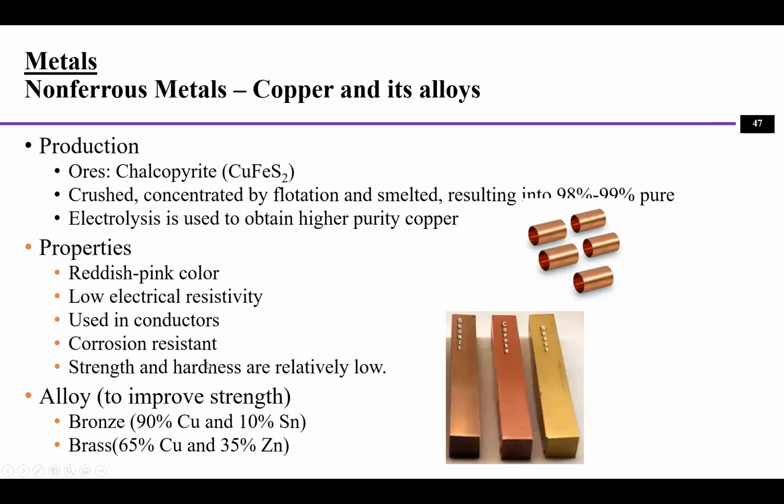But its strength and hardness are relatively low. And typically, copper can be mixed with other ingredients to form bronze and also brass. For example, with zinc, it will form brass.